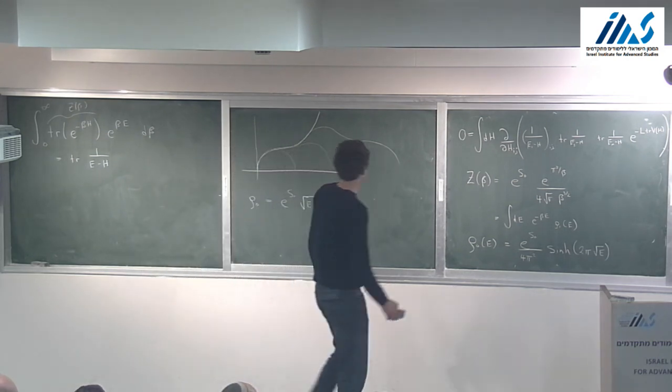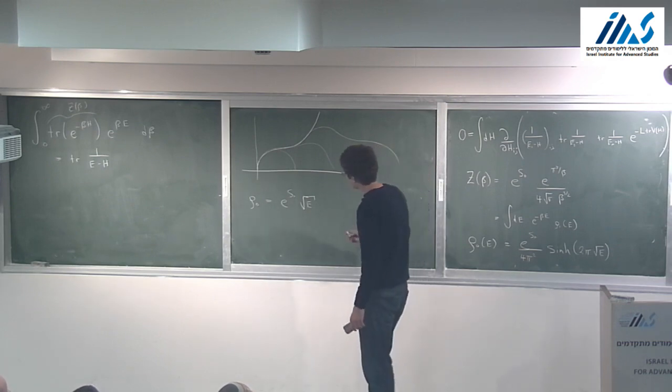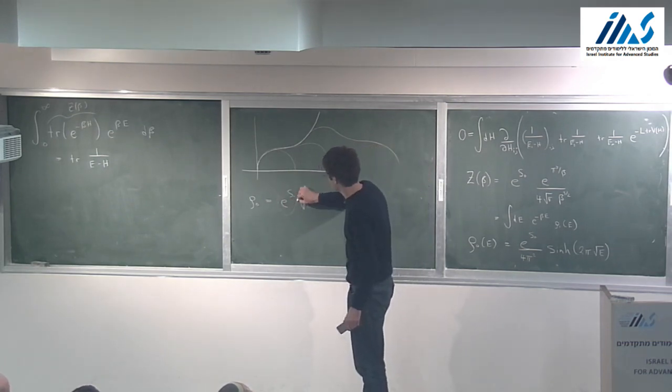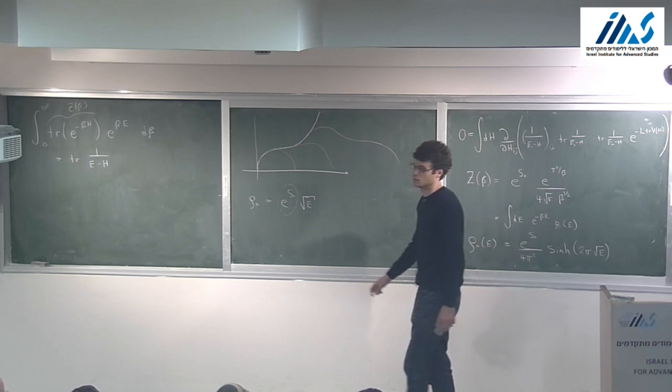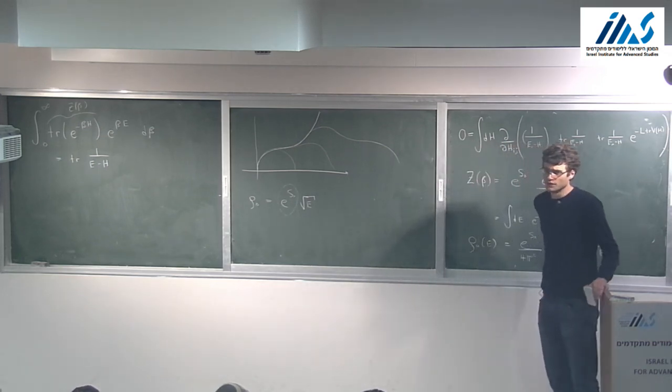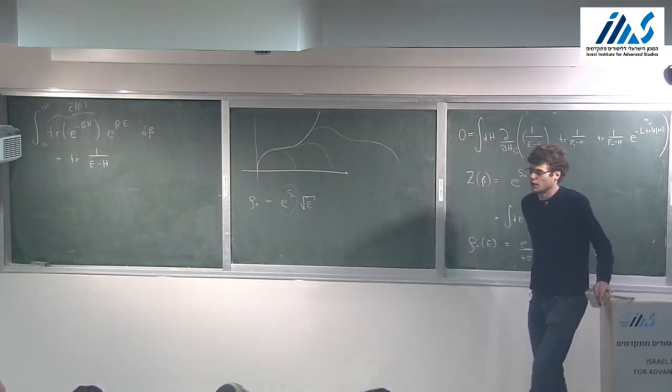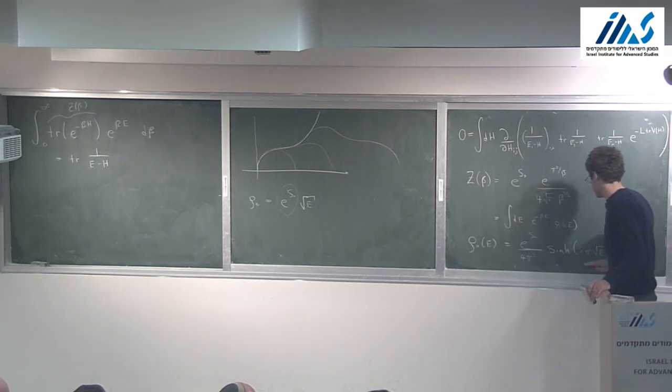So it can be organized as an expansion in powers of e to the minus s naught. So that's the structure that we should be looking for in this case. We should be looking for an expansion in powers of e to the minus s naught.